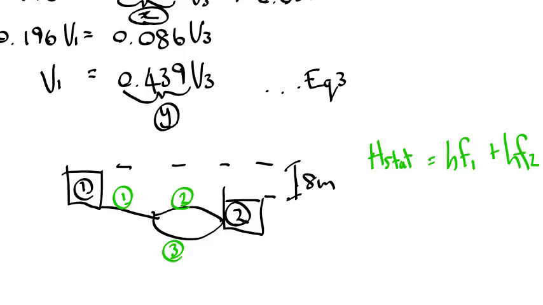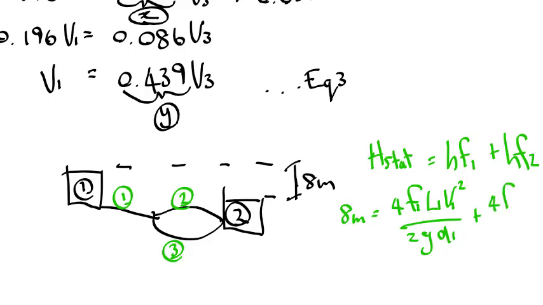So let's quickly write down our fourth equation: 8 meters is equal to the head loss due to friction, so it will be 4 F1 L1 V1 squared over 2G D1, plus our head loss due to friction for pipe 2, which will be 4 F2 L2 V2 squared over 2G D2.